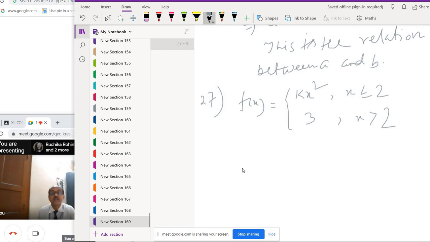Find the value of k. So f(x) equal to kx square when x less than or equal to 2 and 3 when x greater than or equal to 2, at x equal to 2.